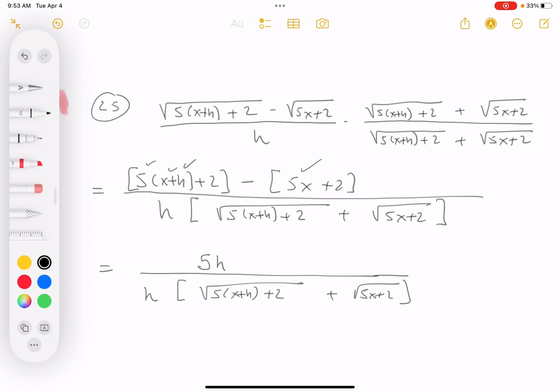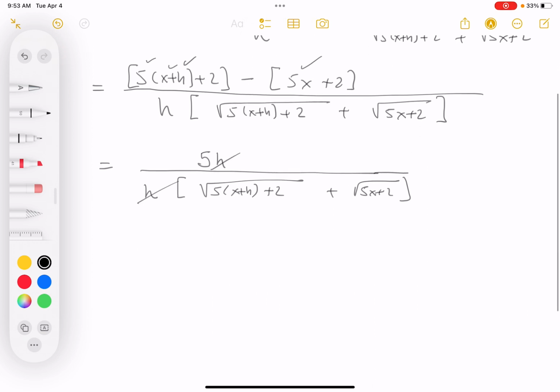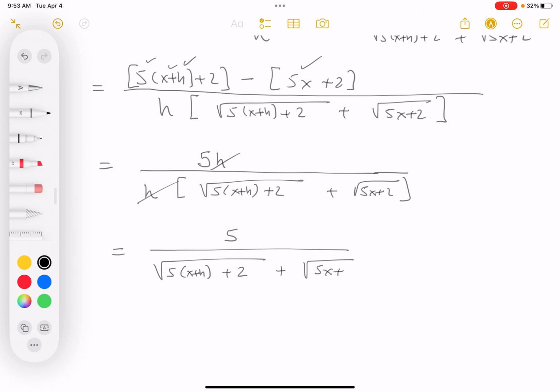Okay, h cancels off, and what are you left with over here? Well, you're left with a 5, and then this root problem on the bottom, which is the root of 5x plus h plus 2 plus the root of 5x plus 2.